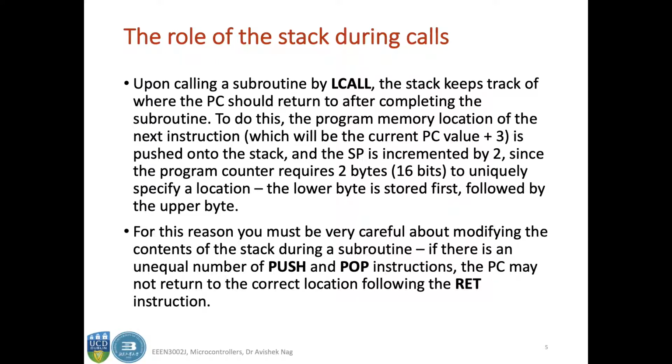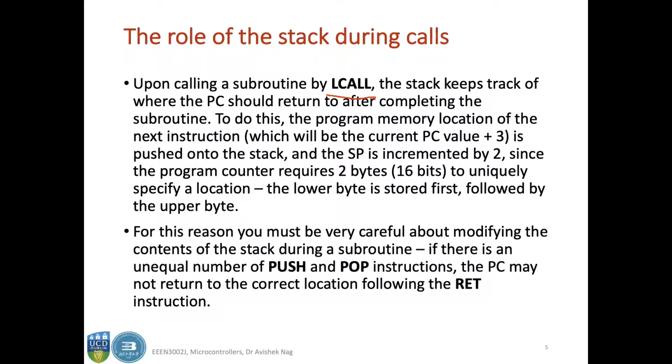It will go to the subroutine address. But since lcall is a 3-byte instruction, the program counter will be incremented by 3, and whatever is the next line of the original code, that line will be the next instruction after the subroutine is finished.